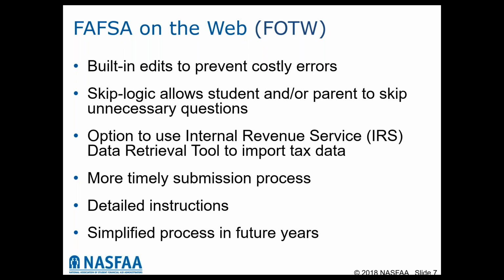Detailed instructions are also provided on FAFSA on the web, so they do a really good job of providing help if you're not quite sure what the question is asking, or if it's an income-related question and you don't know where to find that information on your tax return or on a W-2. The instructions are very detailed on the FAFSA on the web. And the process gets easier each year. So remember, you have to reapply for financial aid every year.